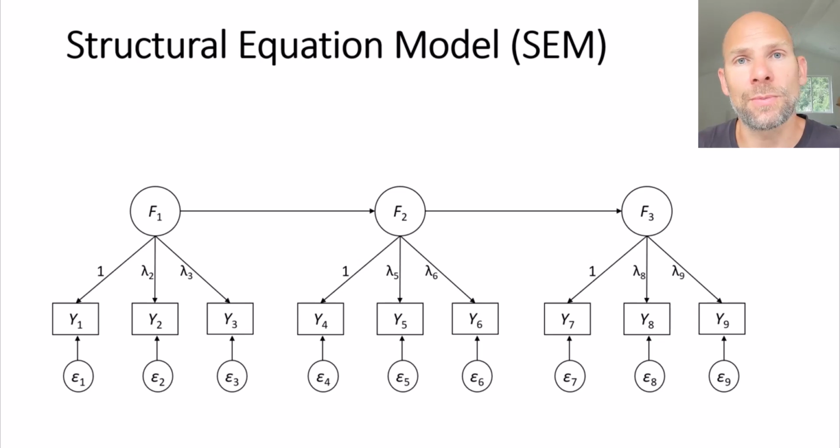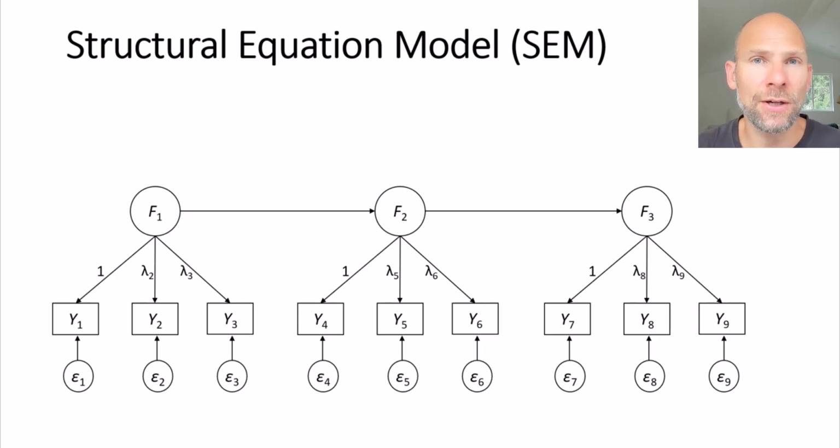Now we are more specific, and we also here are leaving out a direct effect in this example from f1 to f3. So we could also estimate that path from f1 to f3, but in this example here we're not doing that, and so this means that we are implicitly assuming that the effect from f1 to f3 is fully mediated through factor f2, and this is something that we can test with this structural equation model.